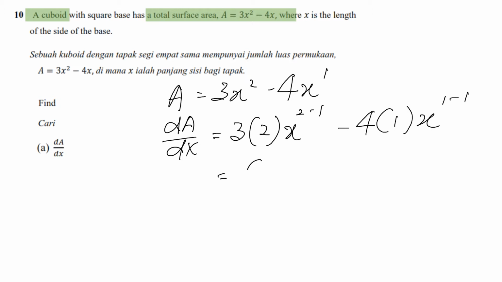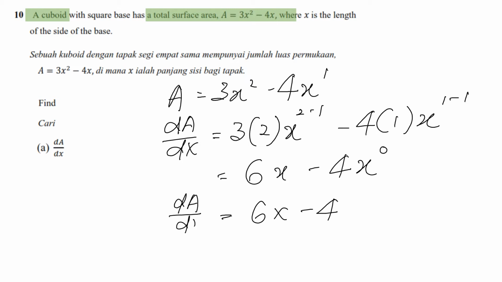So we'll be getting 6x minus 4 times x to the power of 0. Finally, we have the answer as 6x minus 4. This is the answer for dA/dx. Done.